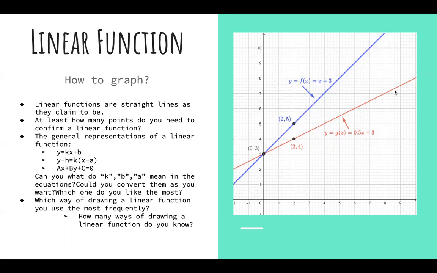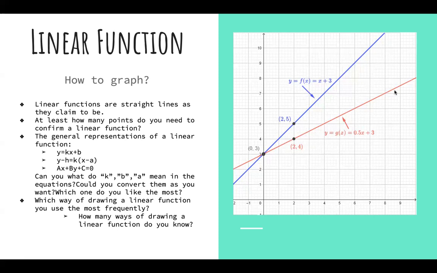In the first equation, k is the slope of the line, which is y over x, and b is the y-intercept of the line. For the second equation, h is the y-intercept of the line, k is the dilation of the line, and a is the left and right shift of the line.